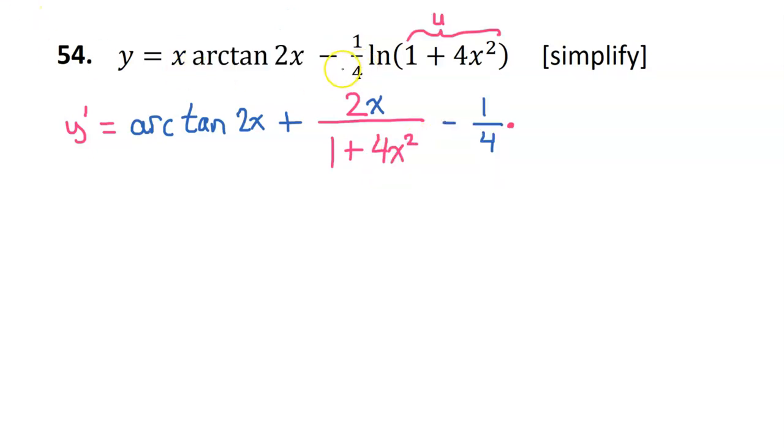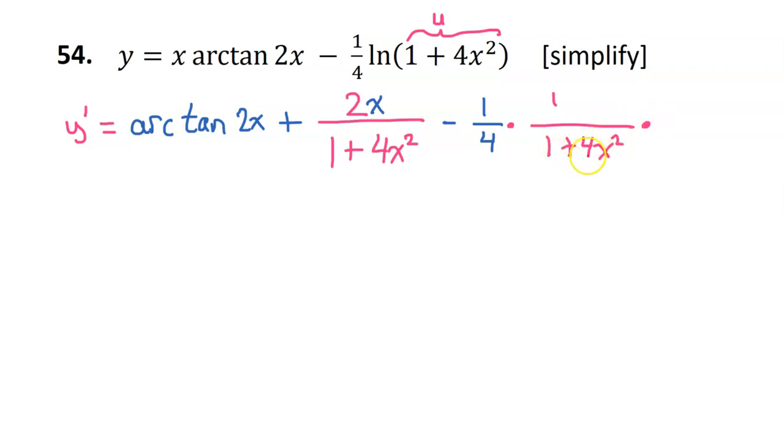Moving on to the second term, we bring down the minus 1/4. And now we need to take the derivative of natural log 1 plus 4x squared. Well, the derivative of natural log u is 1 over u. So this will be 1 over 1 plus 4x squared. Because of the chain rule, we have to multiply by u prime.